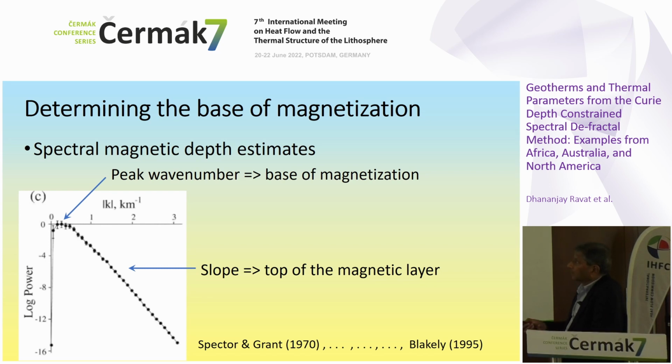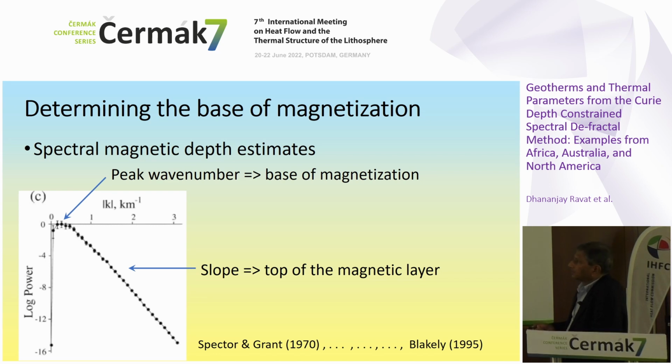Now, I want to be able to use that, but before I go on, I do want to talk about some of the advances in determining the base of magnetization. Yesterday you saw a number of papers related to that as well. In determining the base of magnetization, one generally looks at spectral analysis and annularly averaged spectra.